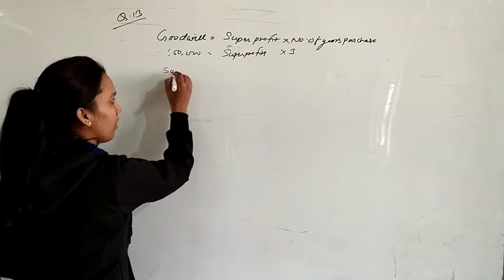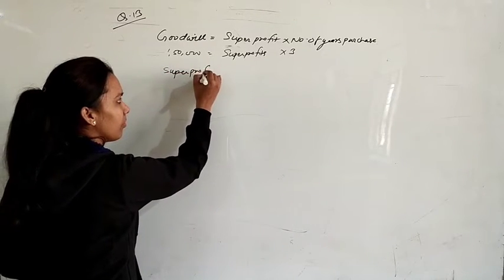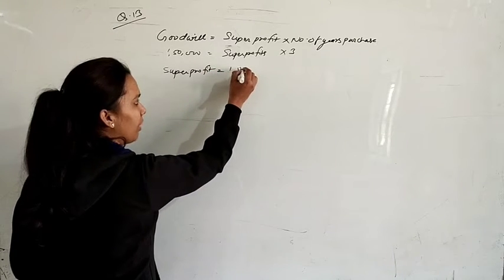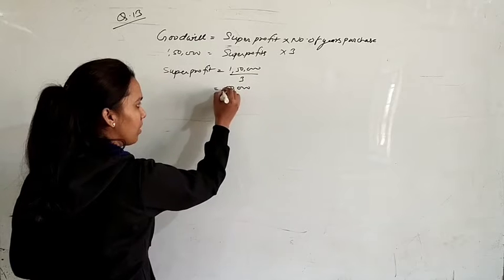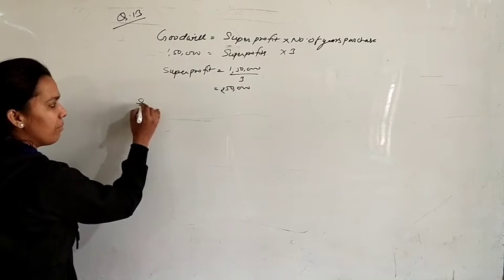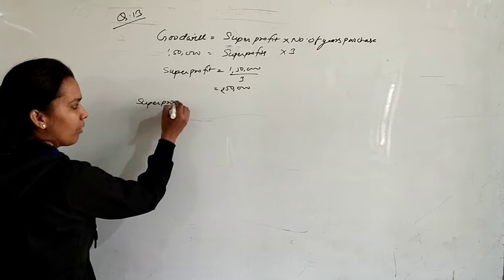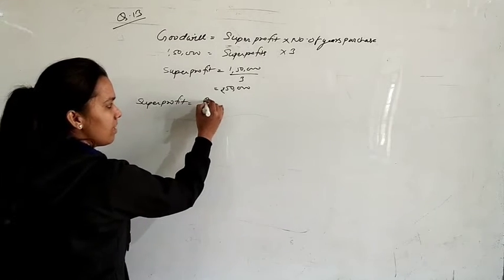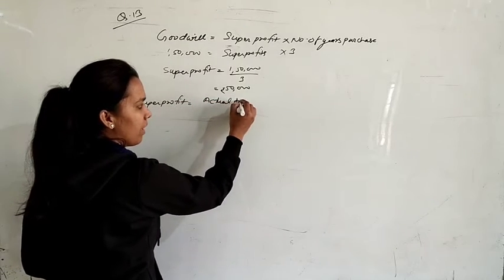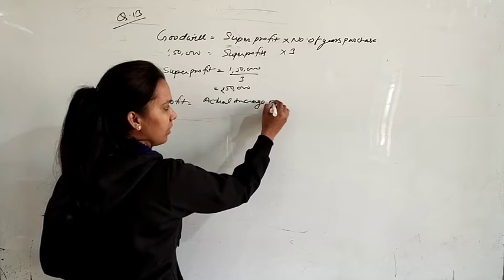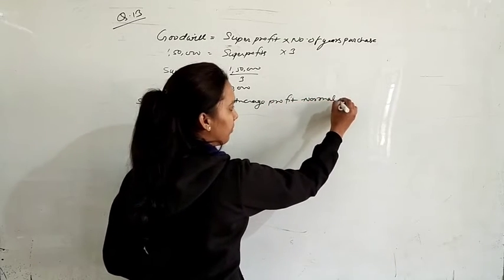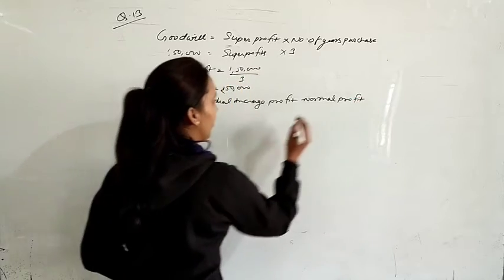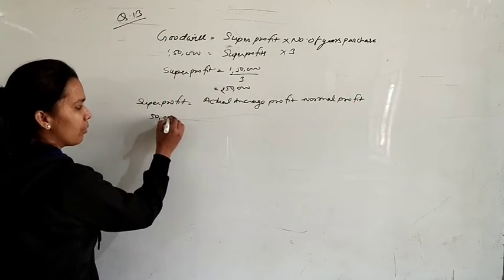So super profit will be 1,50,000 divided by 3, it means 50,000 rupees. Then the second step, we will put the formula of super profit, that is actual average profit minus normal profit. Super profit is 50,000 rupees.